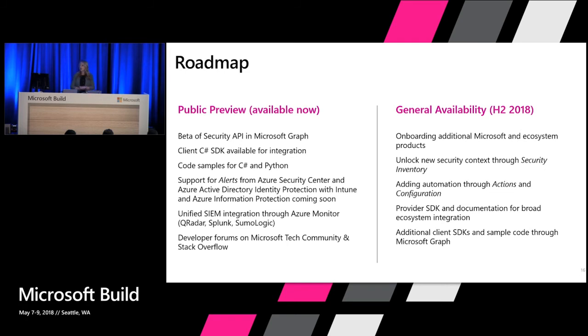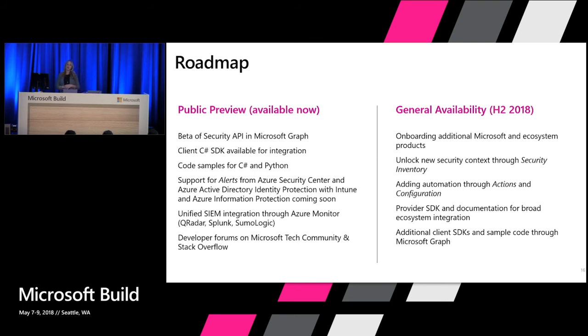And as part of that, we will onboard additional Microsoft security products as well as ecosystem partners. So the intent is to provide access to the full set of Microsoft security technologies. And so we're working with each of those services now to onboard them as providers to the graph. Also with ecosystem partners, Palo Alto's, and a long list of others who will be onboarding as providers.